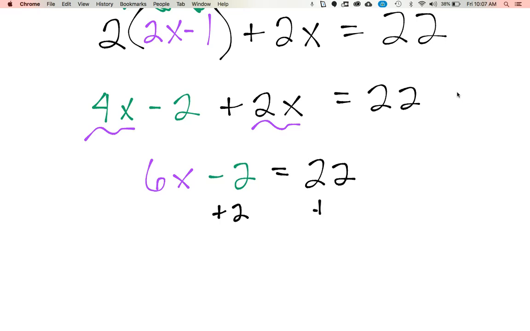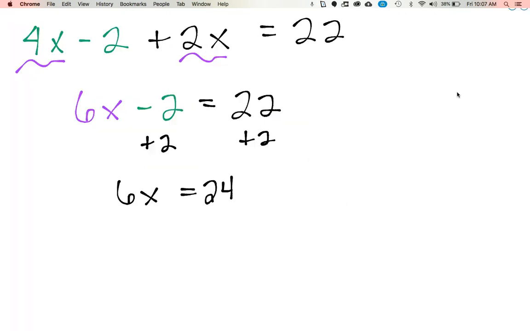I'm going to add 2 to both sides. That gives me 6x equals 24. And to solve for x, I divide both sides by the 6. So I now have an x value.